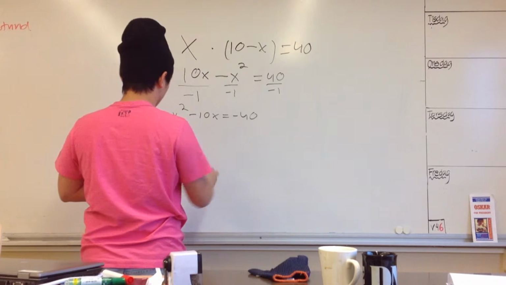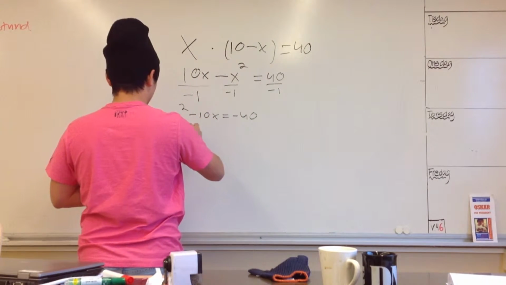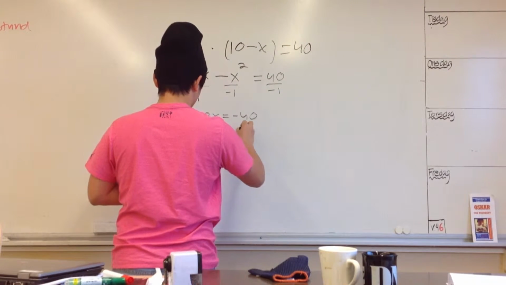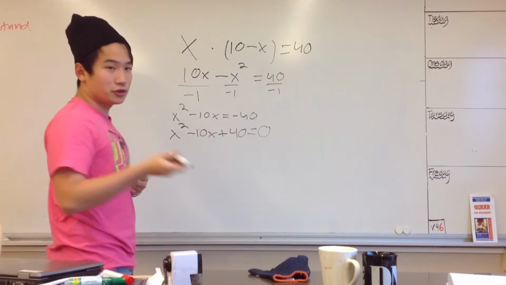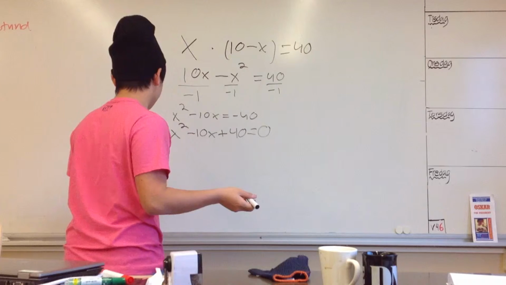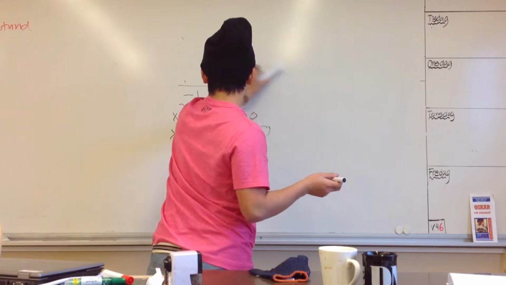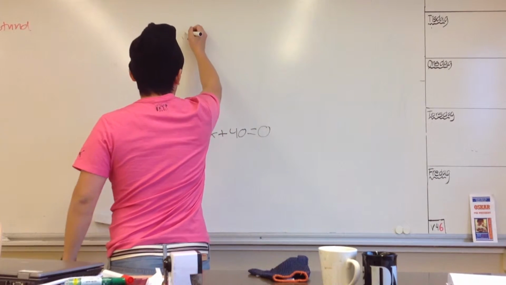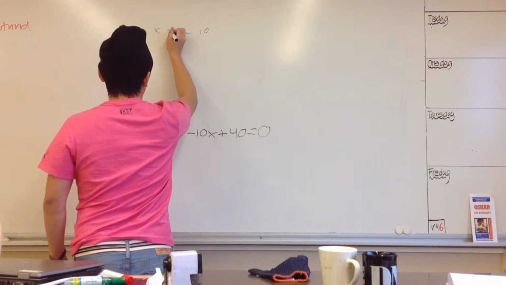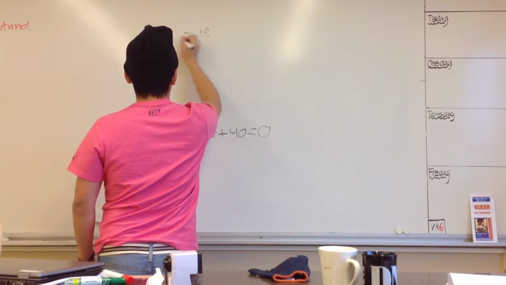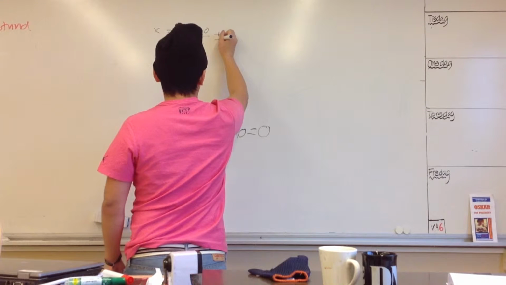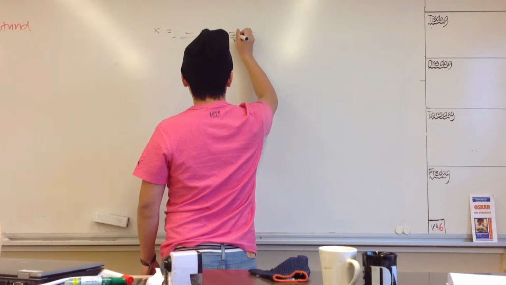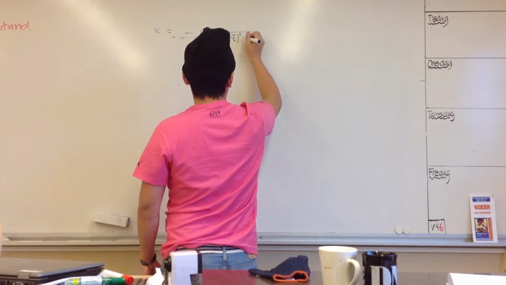And if we move it over, we get x squared minus 10x plus 40 equals 0. Now we should apply the PQ formula. We have minus 10 of x, so x equals minus 10 divided by 2, plus minus the square root of minus 10 divided by 2 squared minus 40.